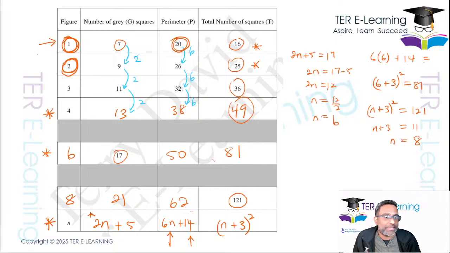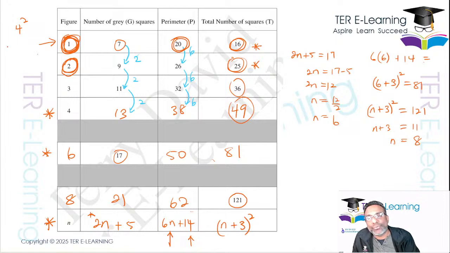Somebody says, the n plus 3, right? So for this column here, you'd realize that you have 16, 25, 36. Those are all square numbers, right? But those numbers have to relate to whatever the figure number is. Now, to get 16, 4 squared will give me 16. But I have figure 1 here, right?